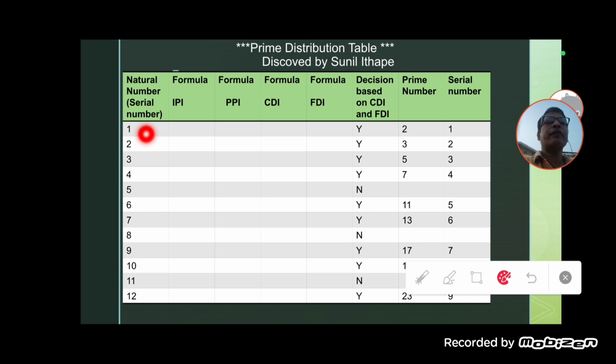We input the number 1, then one formula gives some data here, another formula gives data here, and another creates data here. So definite data is created in columns 2, 3, 4 and 5. Thereafter the decision is taken on the basis of this, and the output comes.